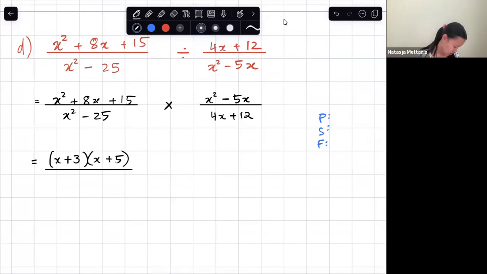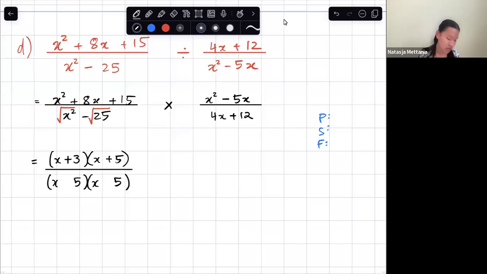So I'm going to make two brackets, with an x in both. Whenever I notice it's a difference between two squares, I just square root the numbers. The square root of x squared is x, that's why I've got an x in each bracket. And the square root of 25 is 5.